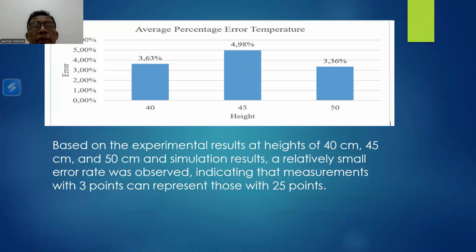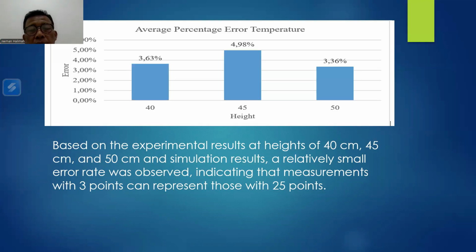This is the average percentage error temperature, where for height 40 millimeter it is 6.63%, for 45 height it is 5.68%, and for 50 it is 3.37%.